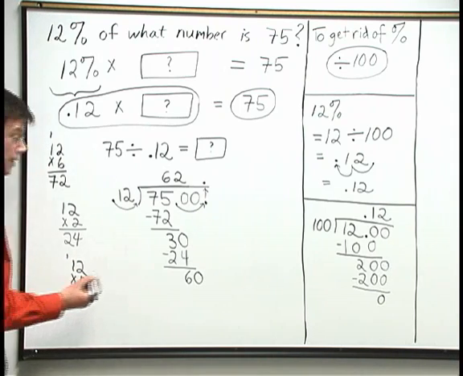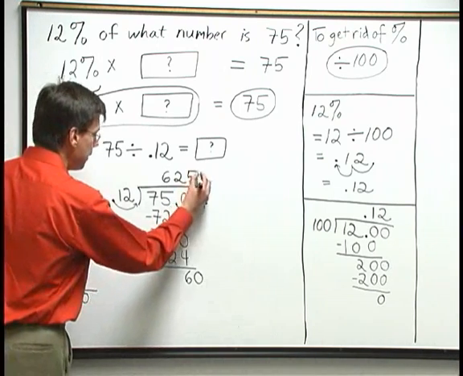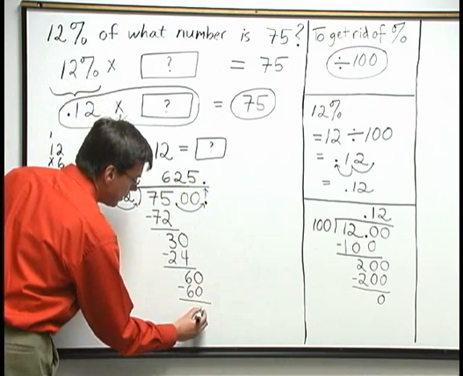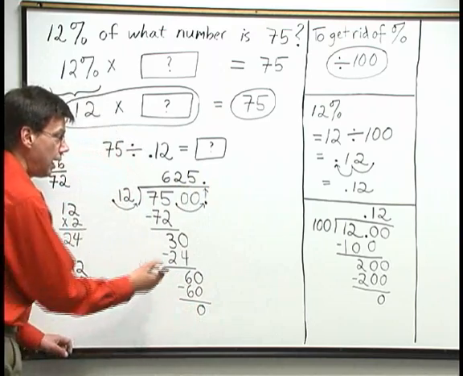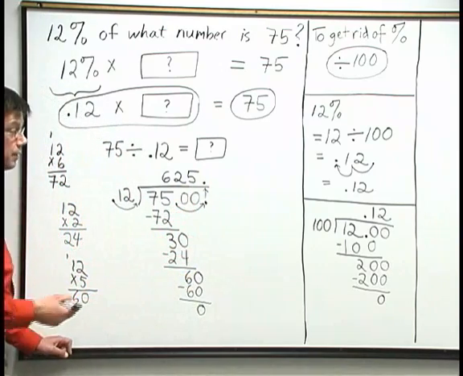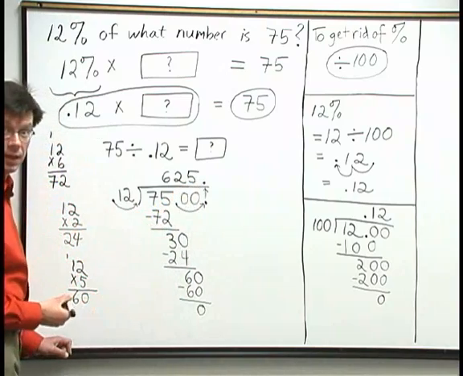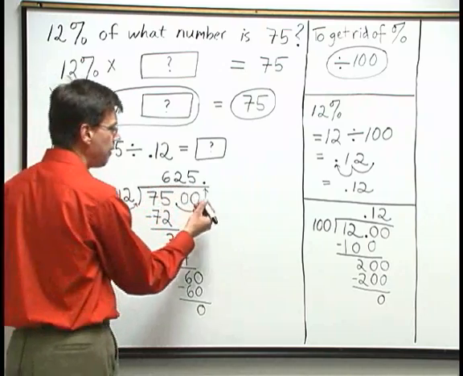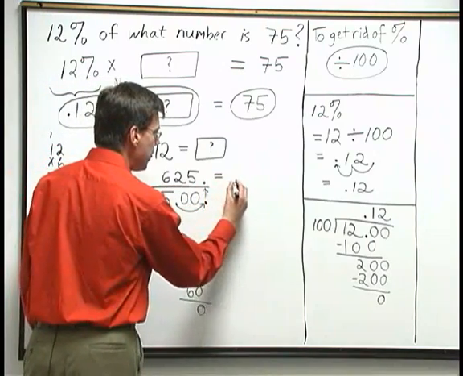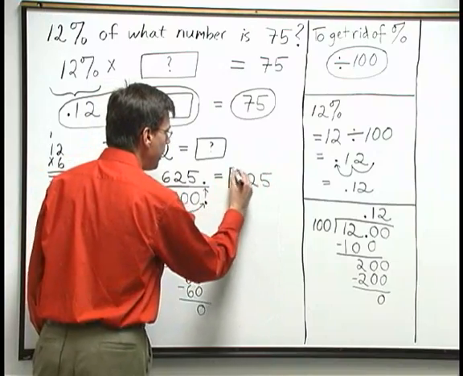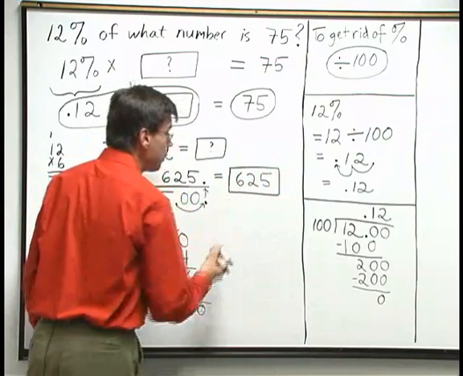It's 5 times exactly. 5 times 12 is 60. 60 minus 60 is 0. And we're now done with the long division because we got all the way to the ones place just next to the decimal point. So my result here is 625 point, which is the same as the whole number 625. That's the answer to our problem.